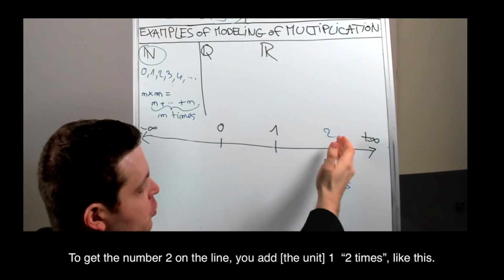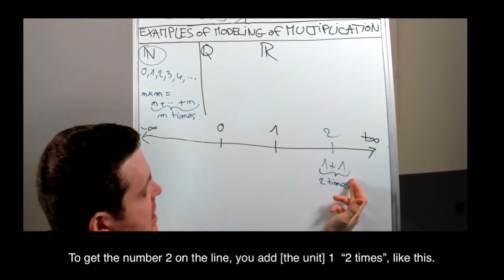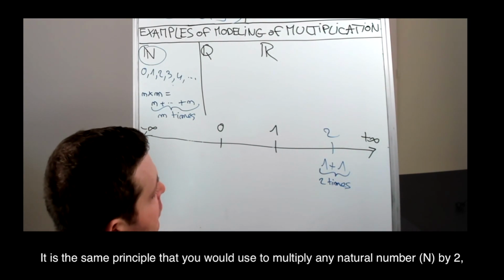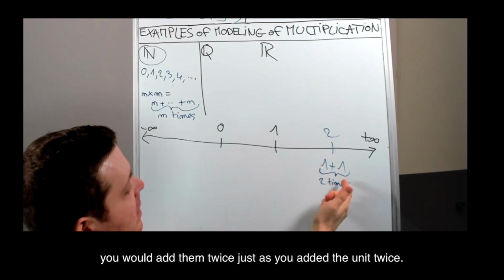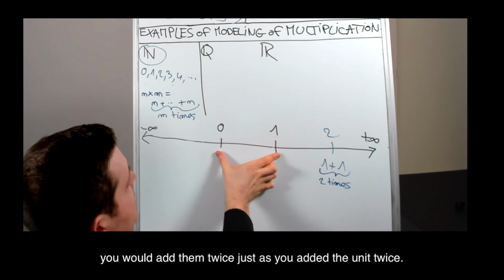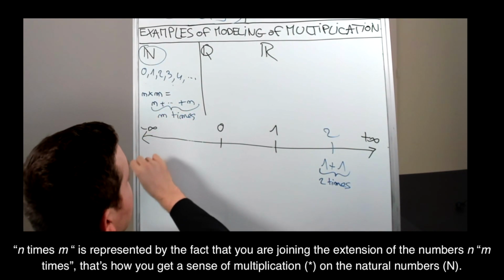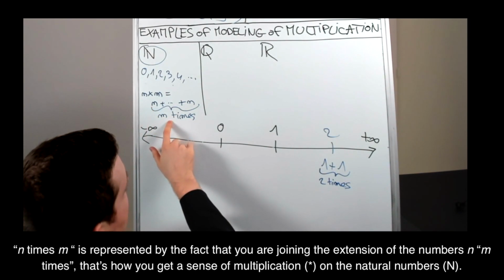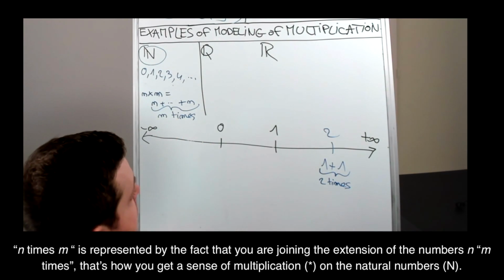To get the number 2 on the line, you add 1 2 times, like this, and it's the same principle that you will use to multiply any natural number by 2. You will add them twice, just as you added the unit twice. n times m is represented by the fact that you are joining the extension of the number n, m times, and that's how you get a sense of multiplication on the natural numbers.